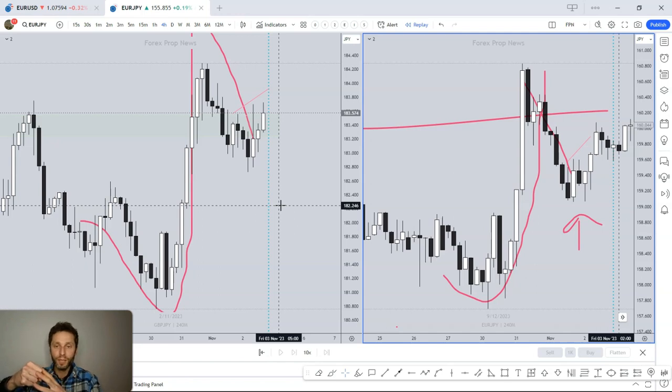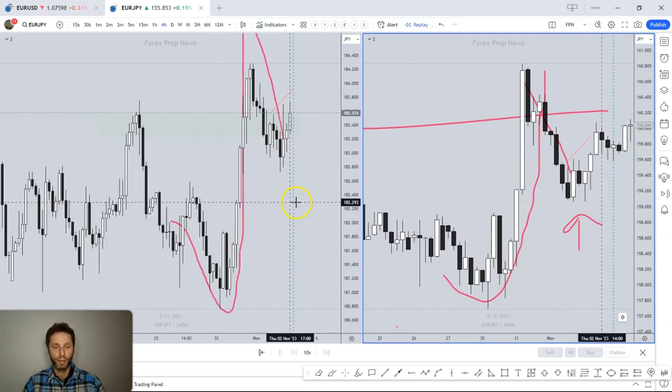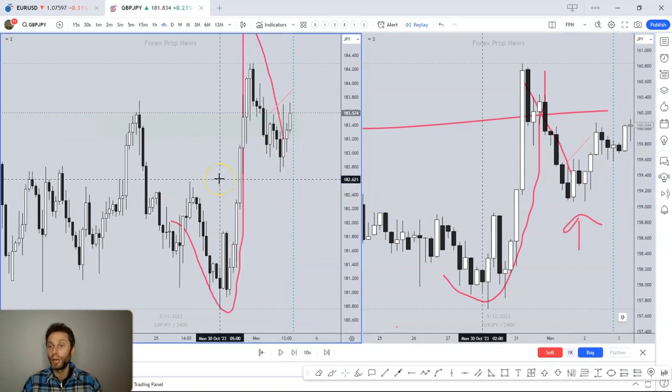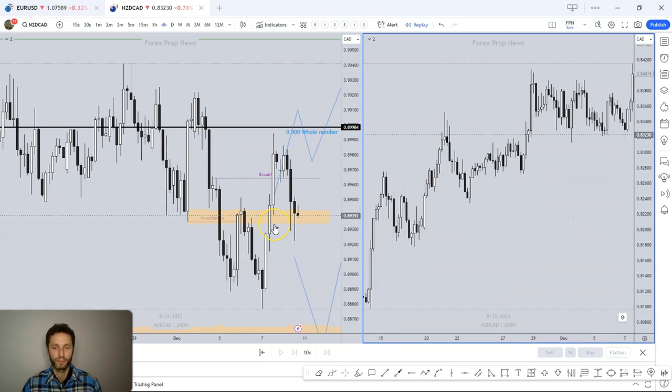It's a correlated pair in the same direction. So that is when you do have a positive correlation and a positive sign, a positive clue for when to enter. Let's look at another one.